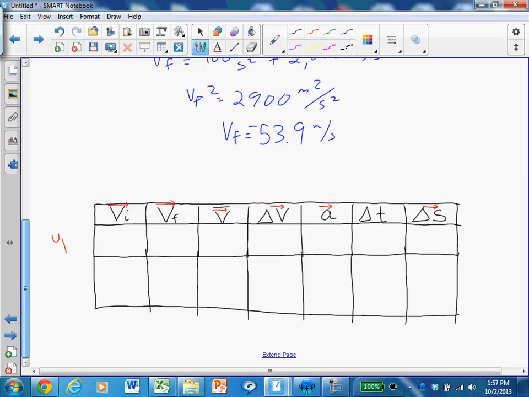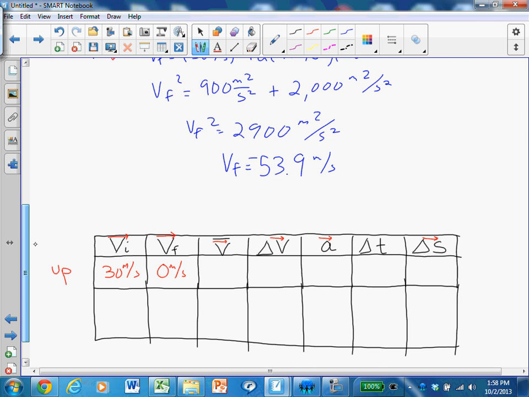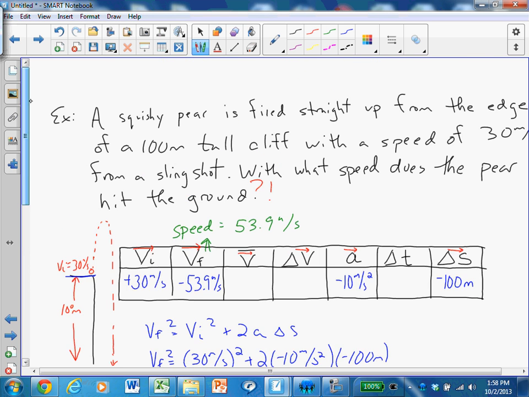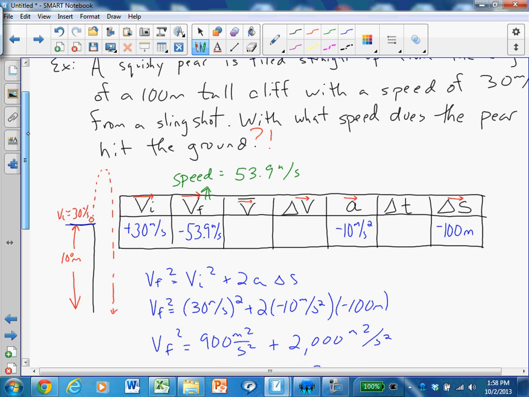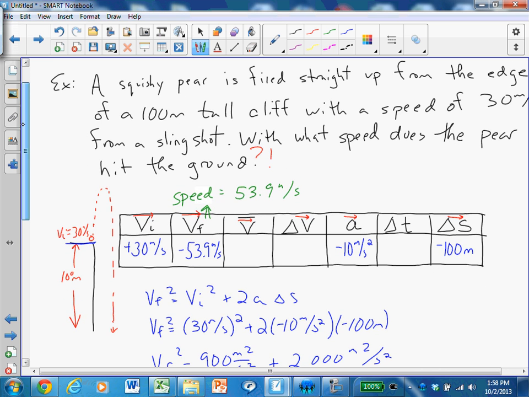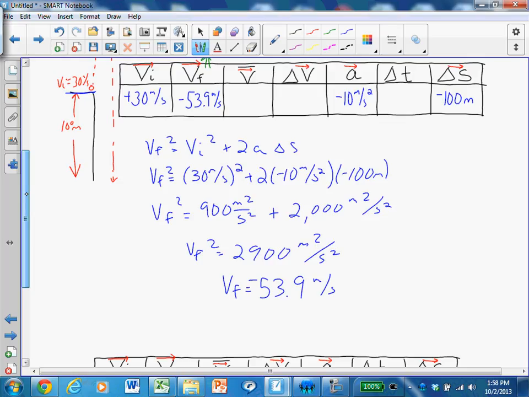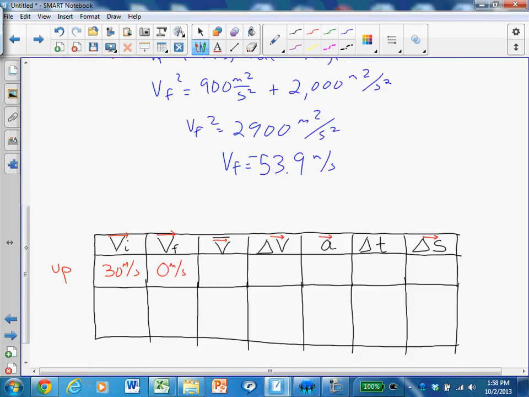But since we're going to go up to the top, we're going to stop there. We don't know how high we go. We just know if we were shot up at 100, and we know this is minus 10, so let's fill in what we can.